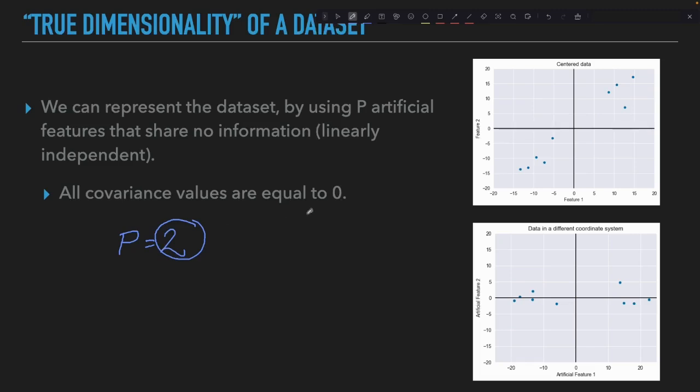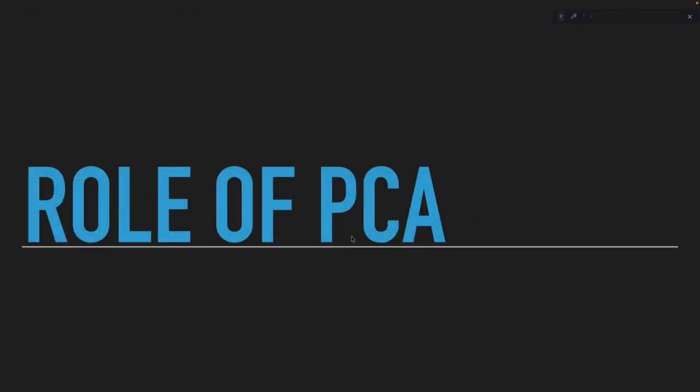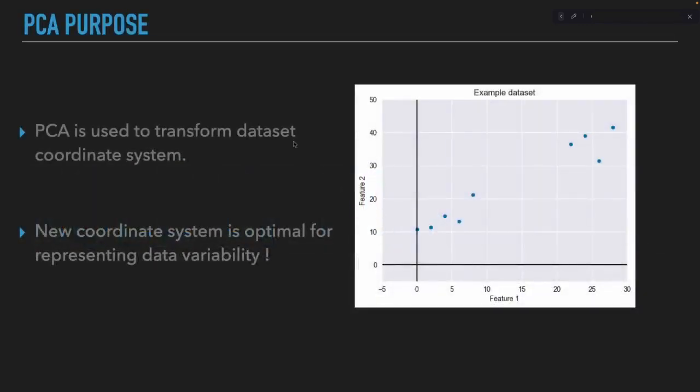So, two sources that are not correlated, where there is no covariance. And for each dataset where true dimensionality is p, we can always find these p different sources, which brings us to the role of principal component analysis.